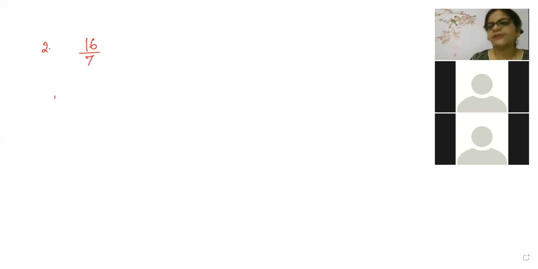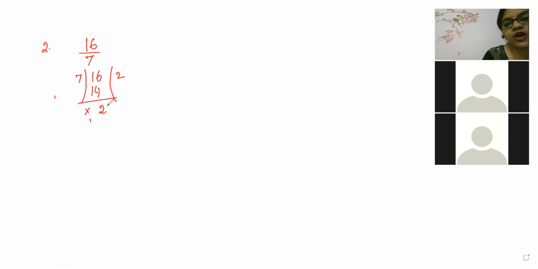Okay, Kanishka, I'll repeat a bit. I'll explain how to do it. Let's see. 7 will divide 16. 7 twos are 14. Now 2 went down, beta. Now put a decimal, it will become 0. So 7 twos are 14 again. Now this time 6 will come. This decimal will give 0. 7 8s are 56.